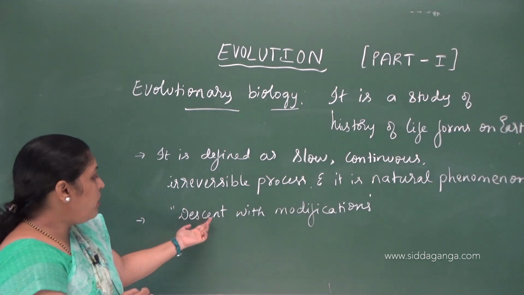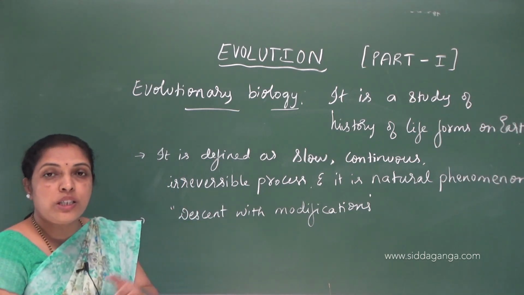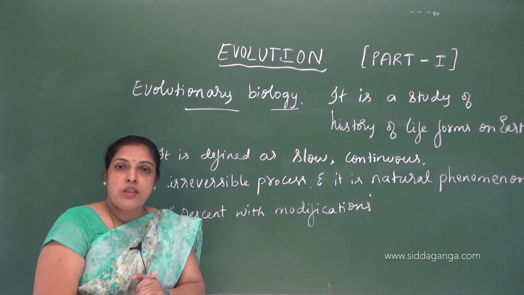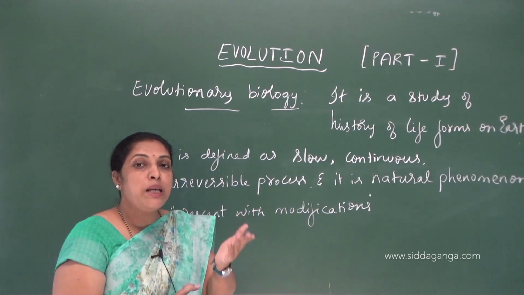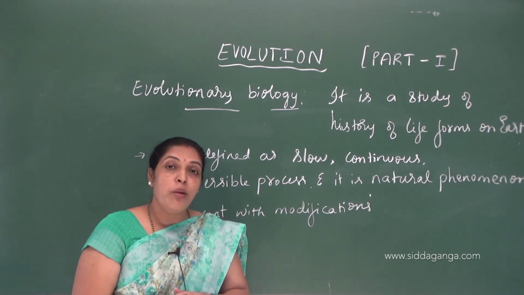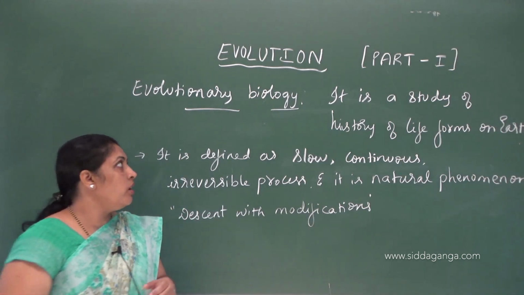From one generation to another we see the changes. So the complex life forms we see on this earth all evolved from simple forms by gradual changes which took millions of years. So this is about evolution.